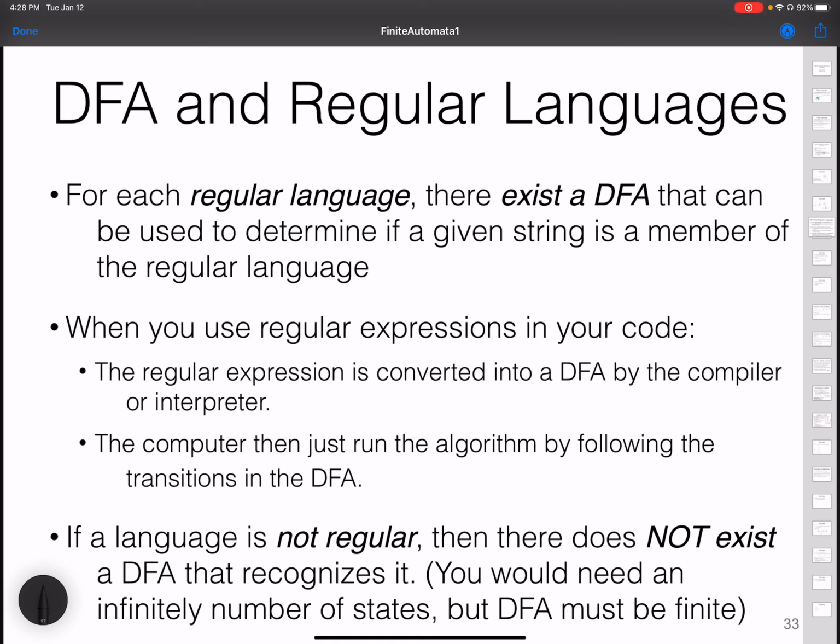A common question that I would ask during this course is that I would give you a language and ask: is this regular or not? Is this context free or not? So if I gave you a language, and you can create a DFA for it, a finite state machine for it, that's enough to prove that the language is a regular language.